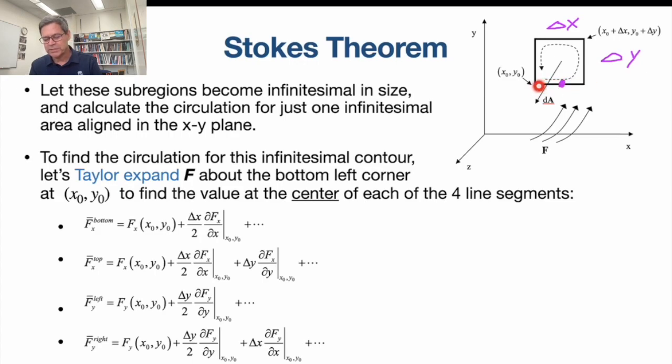Of course, it's a little bit different on the left side and the right side, but for first approximation, we'll just split the line segment in half, and what we'll say is that the value of my function there by Taylor's theorem is a function at x naught, y naught with a correction term, and that correction term is how far did I move in x? I moved by not delta x, but just half of it to get to the center. So delta x over 2 times the derivative of my function with respect to that variable x. So dx.